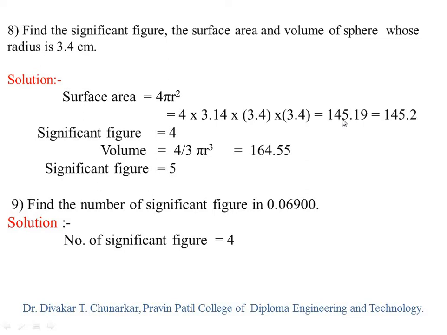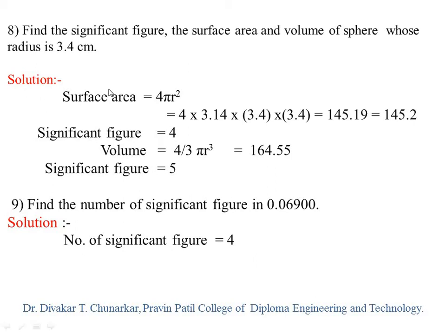So our answer is 145.19, that is 145.2, because the last digit is 9, and therefore we have to drop it and increase by 1, so that is 145.2. And in this value 145.2, there are four significant figures.